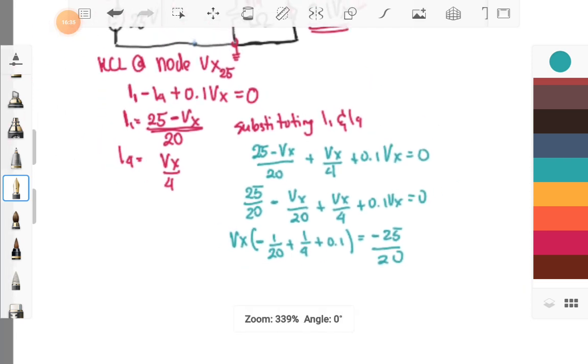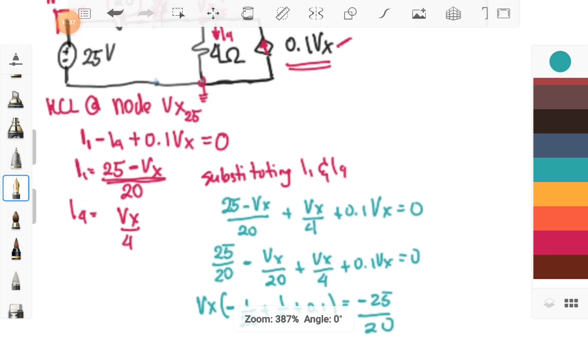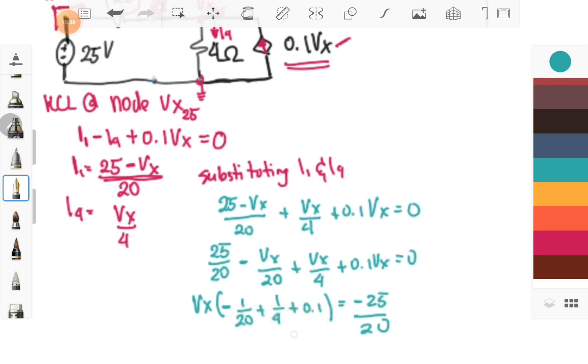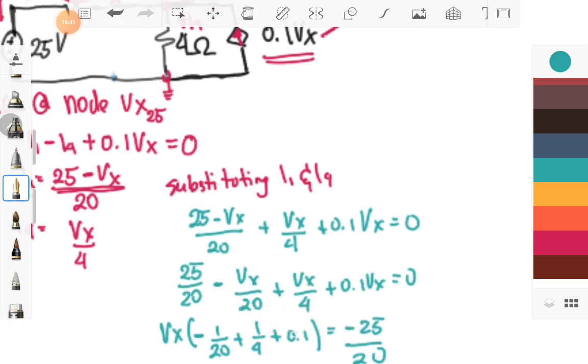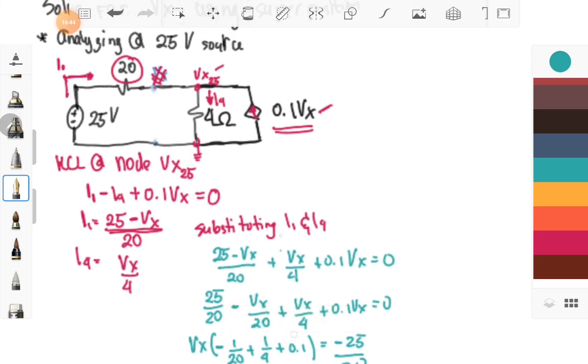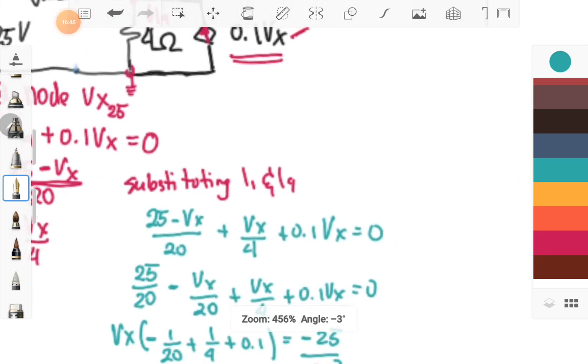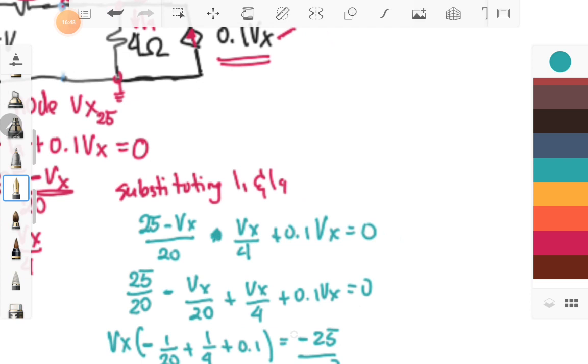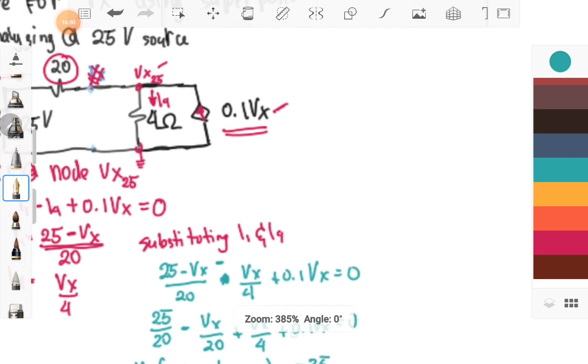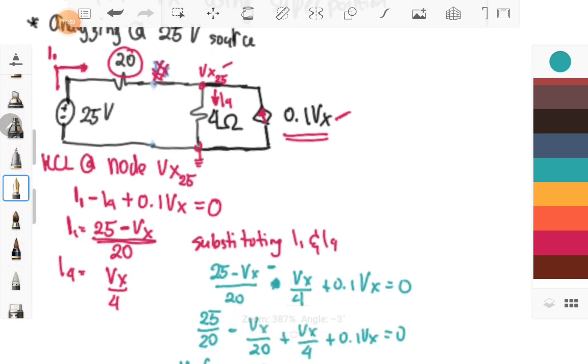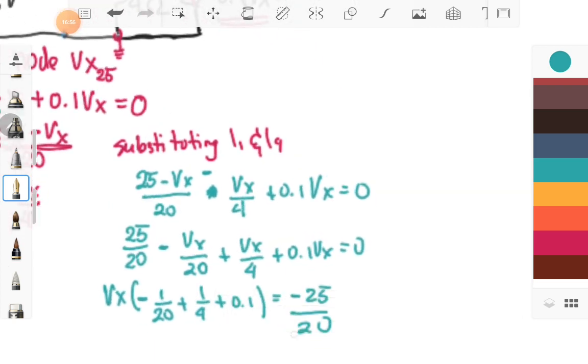Okay, take note that this Vx here is going out the node, diba? Ba't siya naging add, diba? Going out siya. So gagawin natin ito, it must be negative, right? Negative, kasi nga it is going out the node. This must be I1, negative I4. So going out, so this must be negative.